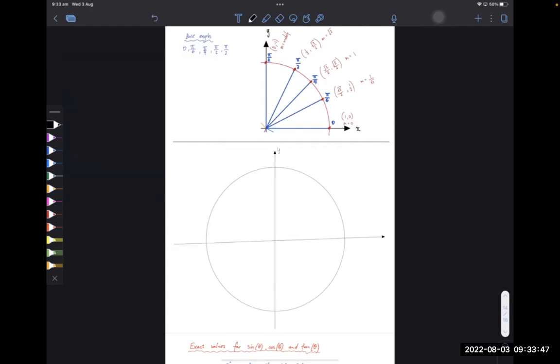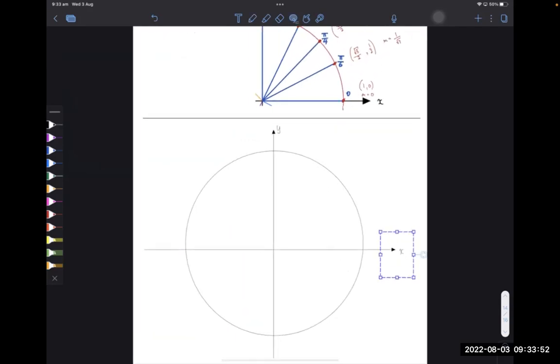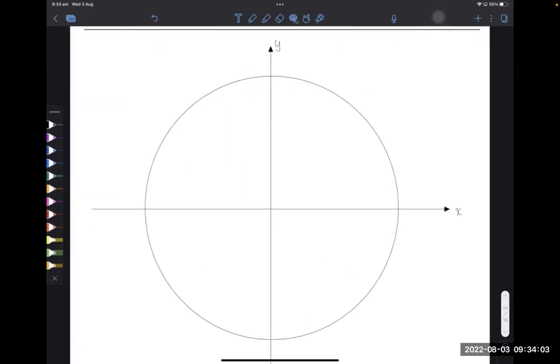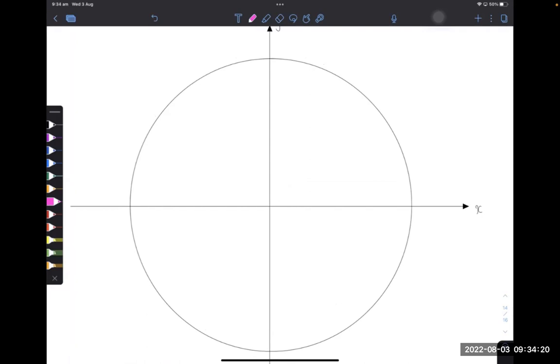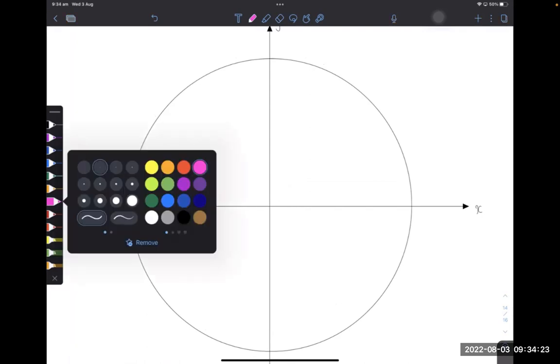Because the exercise now is to go through the entire unit circle, and I want you to label the x value, the y value, and the gradient. And I want you to split up this unit circle into all parts possible for exact values.